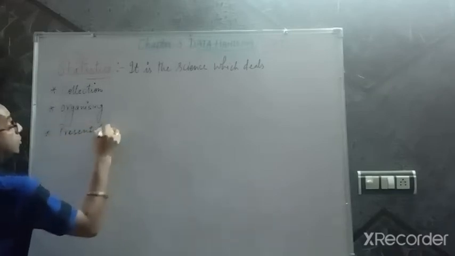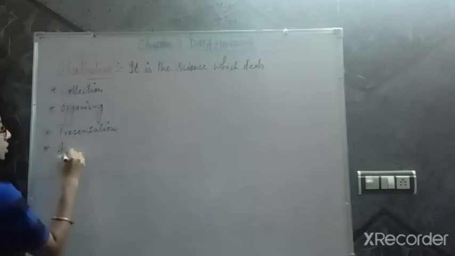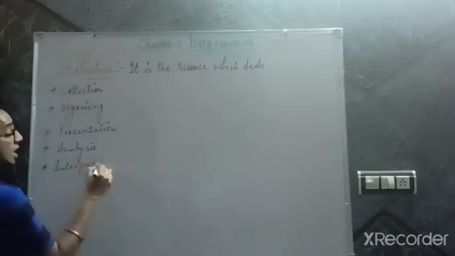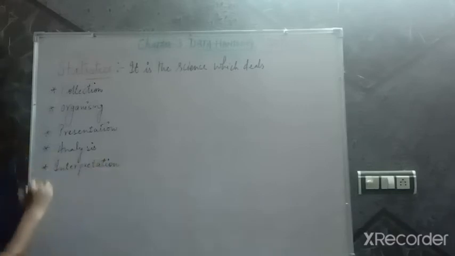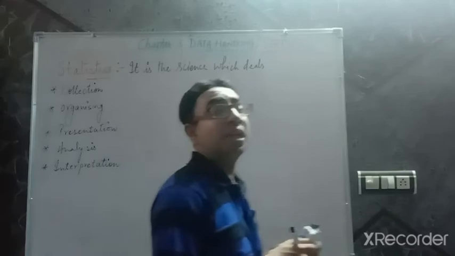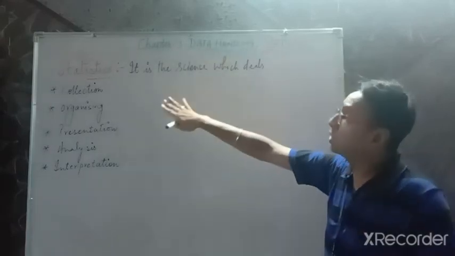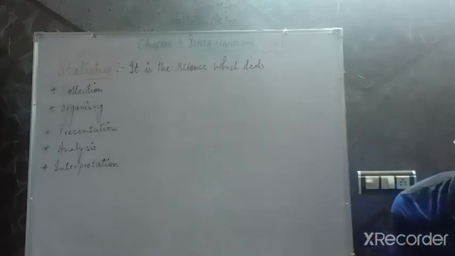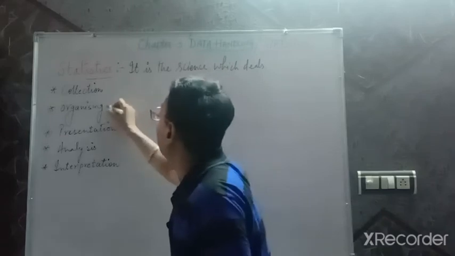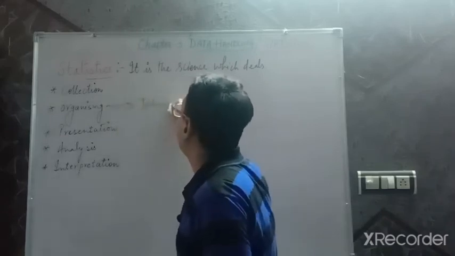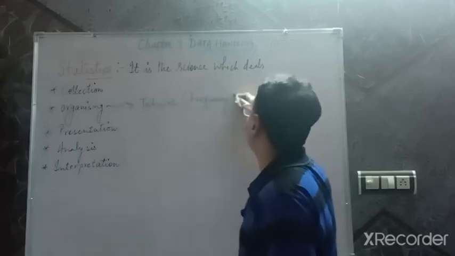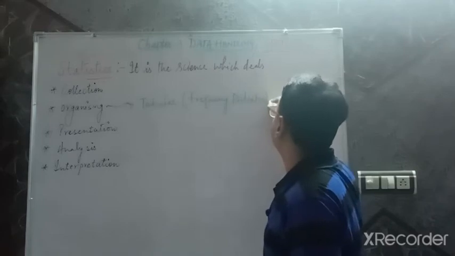Then you will analyze your data. Then you will interpret the data. That is why interpretation of the data is also part of statistics. So these 5 things we do in statistics. In data handling also we'll do these 5 things. We'll collect the data, we'll organize the data. We can organize the data in tabular form. Hence, we discuss the frequency distribution table. Are we clear?